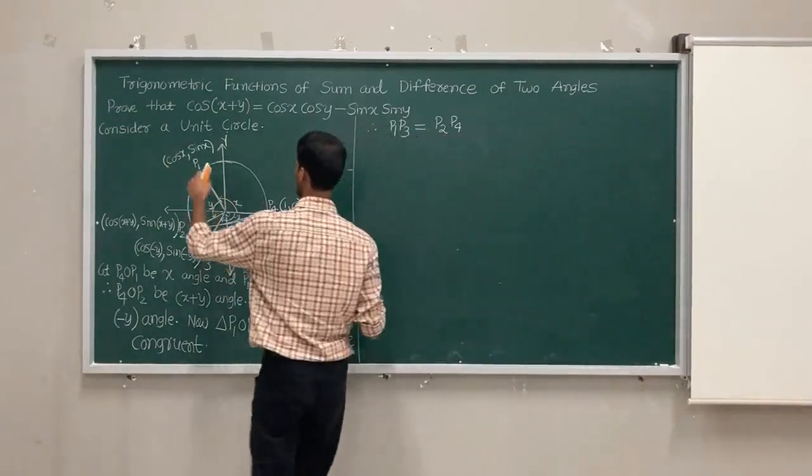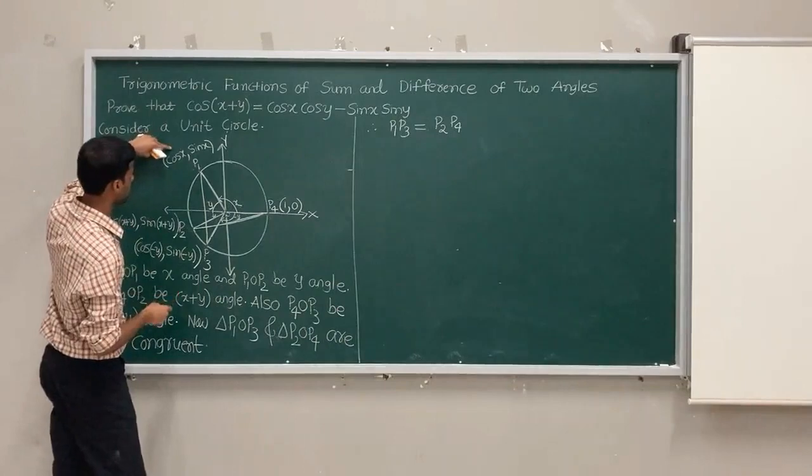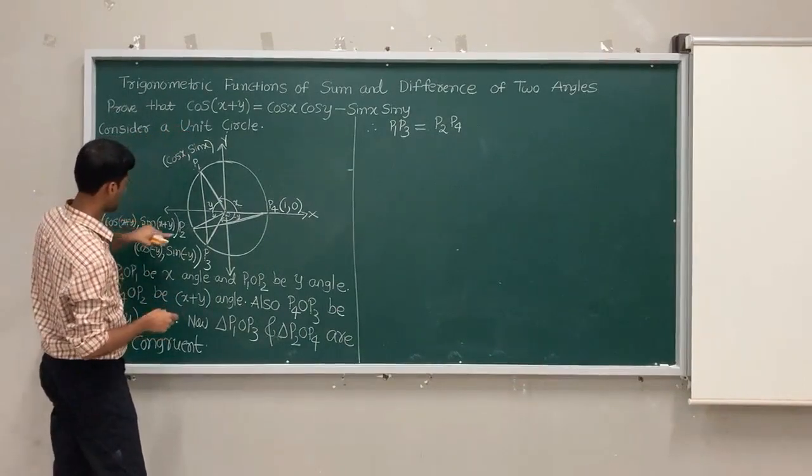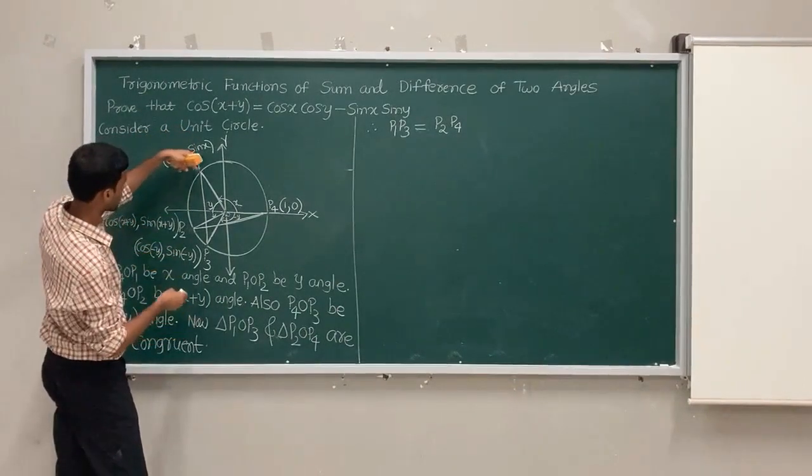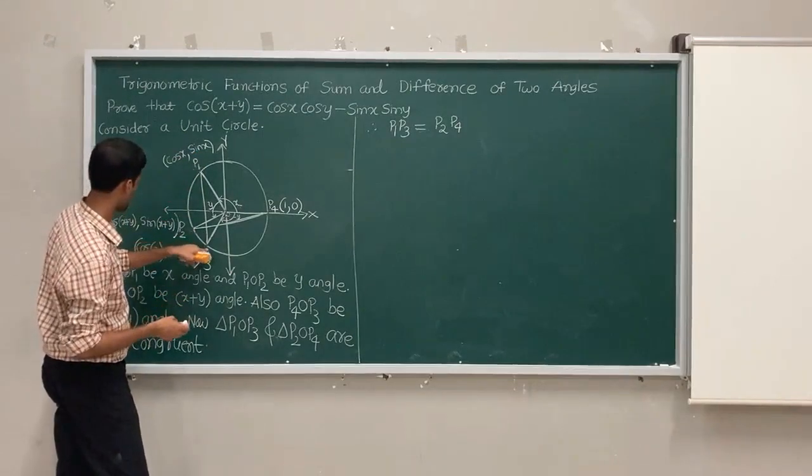Okay. So P1 P3 is nothing but, take this as x1, y1 and this as x2, y2, because I am considering P1 P3. Be careful.